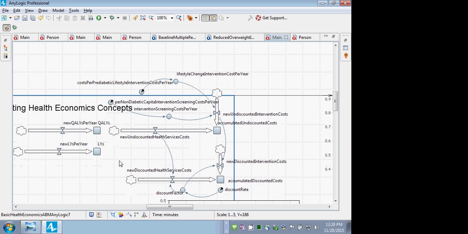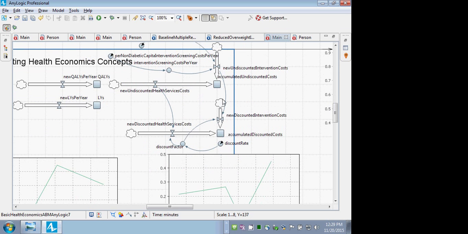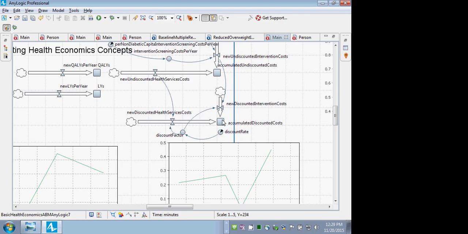These qualities and life years lived, undiscounted costs, discounted costs, get used in the experiment to perform the incremental cost effectiveness ratio, running it many times. This afternoon we'll be doing that. Not the incremental cost effectiveness, but we'll be running a model many times and presenting the results to capture the variability. Okay, great question.